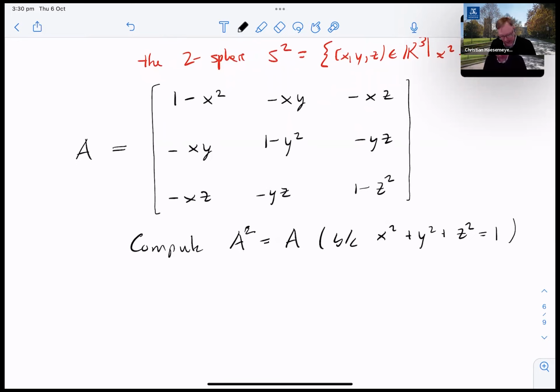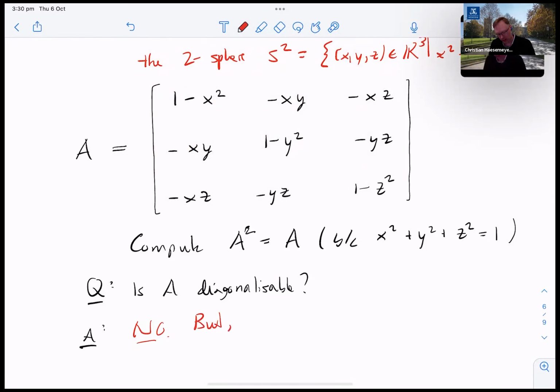And so we can again ask the question, is A diagonalizable? And again, the answer is no, it is not. But, and the but will be discussed in a minute.